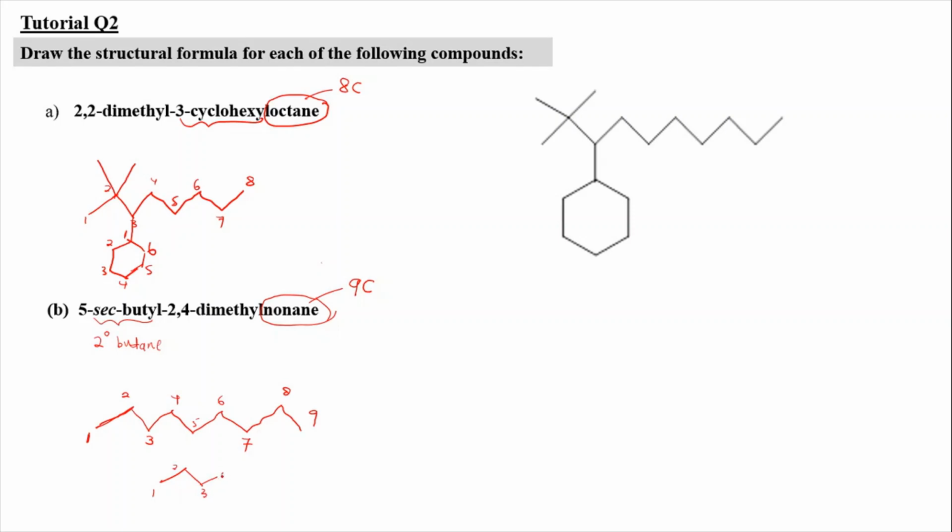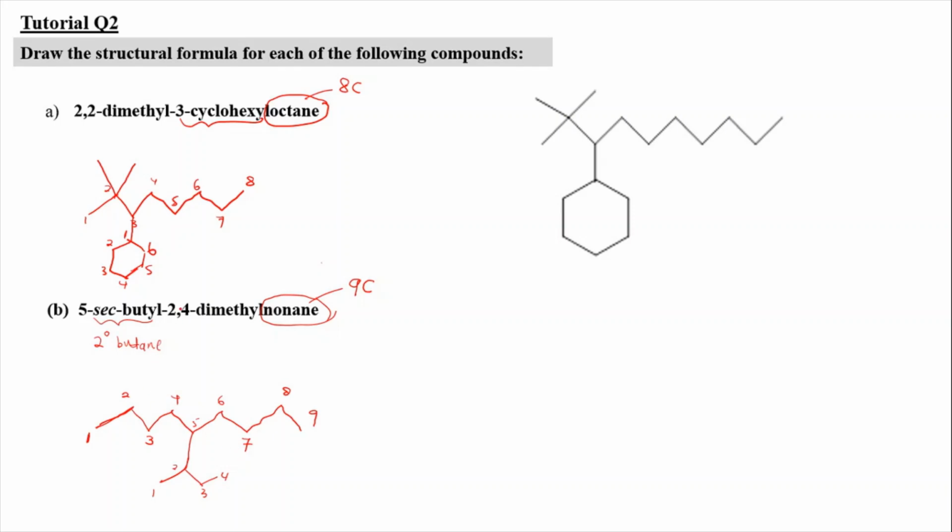So here is a butane, but because it becomes a substituent, it's going to be butyl. So carbon number 5 will be attached at carbon number 2 of the butyl, because it needs to be the secondary butyl here.